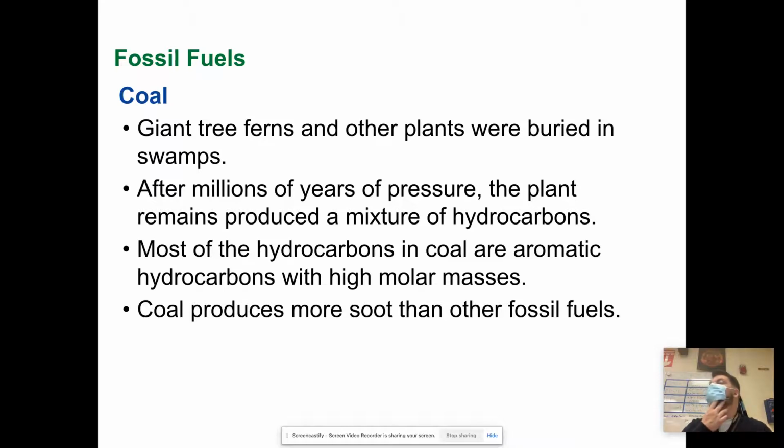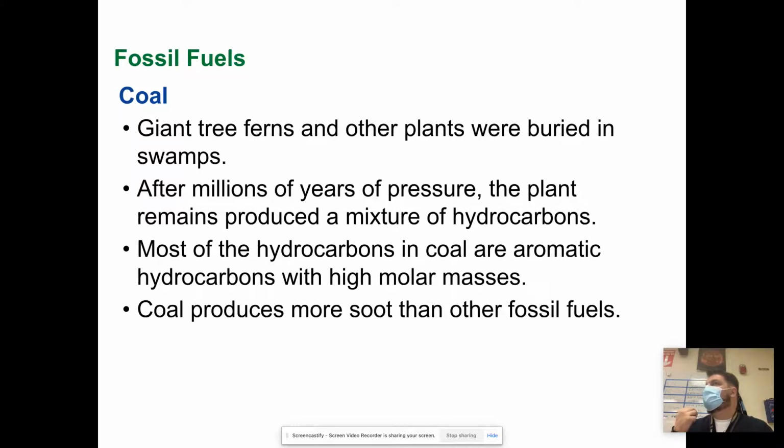Now I want to talk about what soot is. Soot is the dark smoke. We're used to thinking of soot as something that you see in a chimney. The dark layer in a chimney that we refer to as soot is very fine particles that are produced through the combustion of hydrocarbons or fossil fuels.